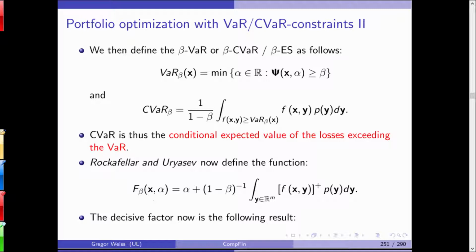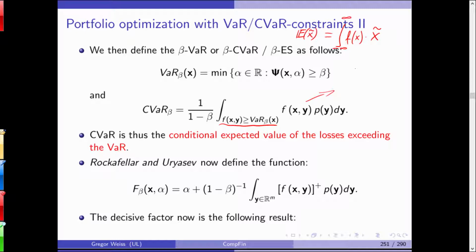Remember that in the case of a continuous random variable, the expected value is nothing but the integral of the probability function f times x itself. If you take the integral from minus infinity to plus infinity, this is the expected value of x. In this case, it's a conditional mean, and you can see this here because you are taking the integral not from minus to plus infinity, but just over the area in which the losses are actually higher than the value at risk.